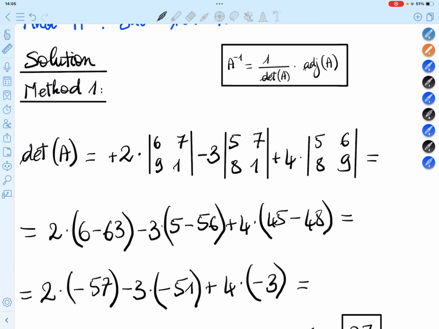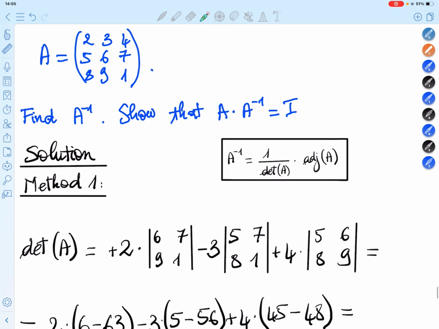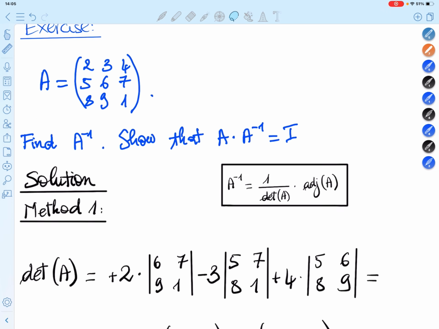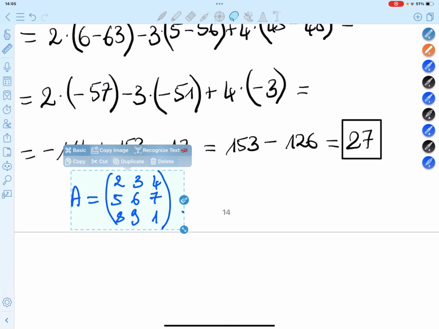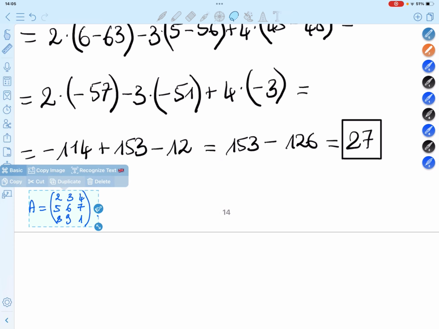So we have this one. Now we need to find the adjoint of A, right? So let's copy A here so that we can see it. So A is here.